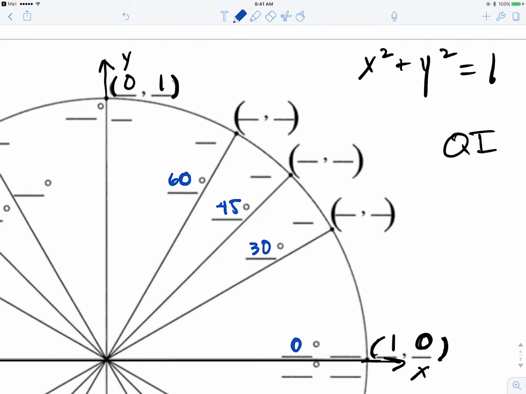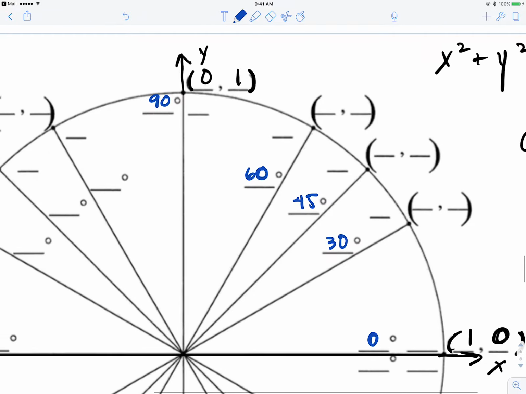This is 45. This is 60, and then this is 90. So that's quadrant 1, all the angles in quadrant 1.